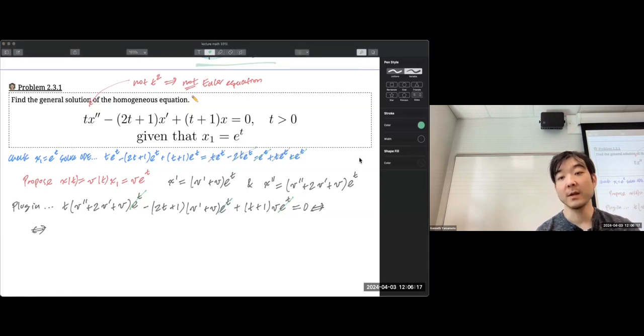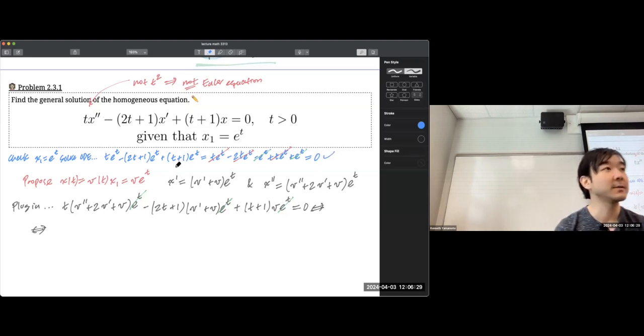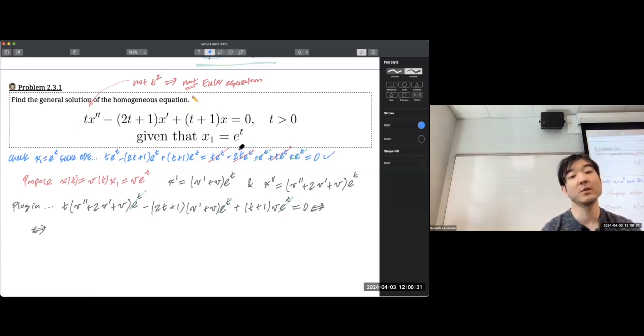So they all cancel. Or maybe I'll make it different colors, so you'll see that these actually cancel with each other. And so this is equal to 0, and that's good because this does satisfy the differential equation. This is a kind of equation that, unless you stared at it long enough, maybe you could figure out that e to the t would be the solution for this.